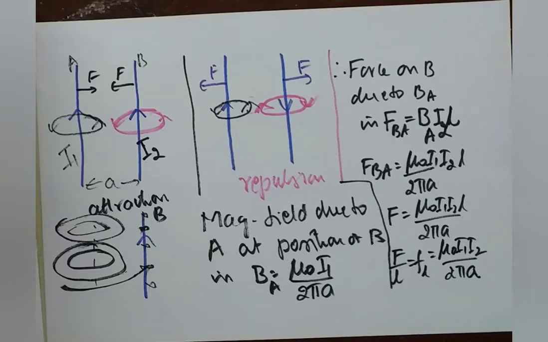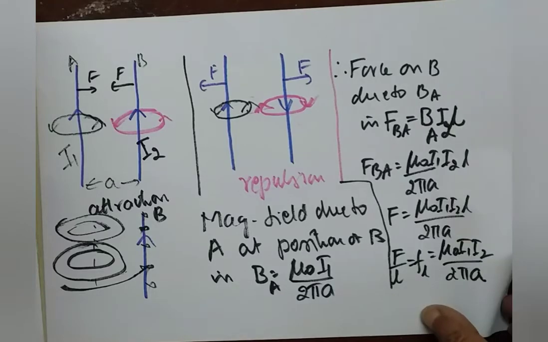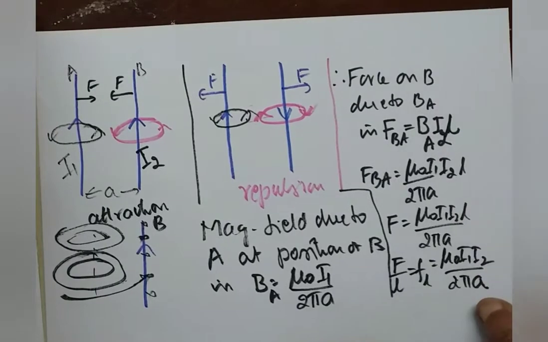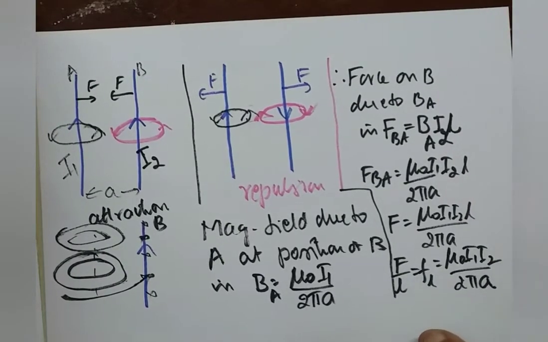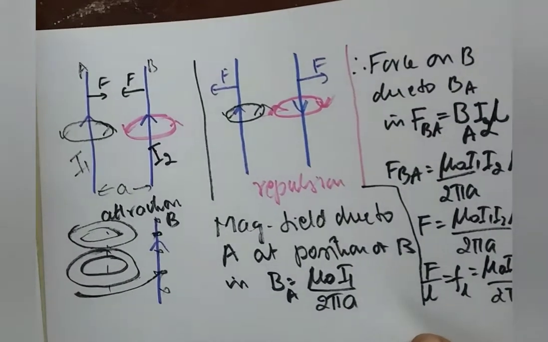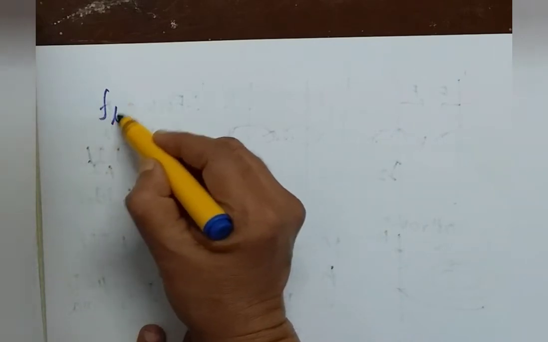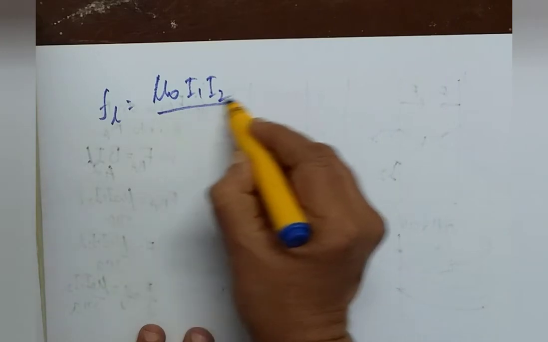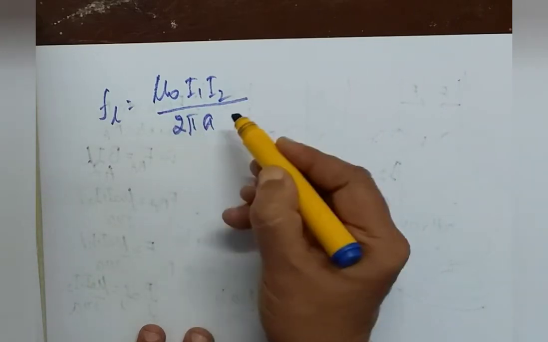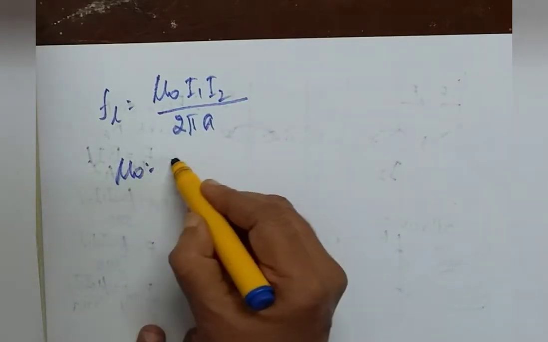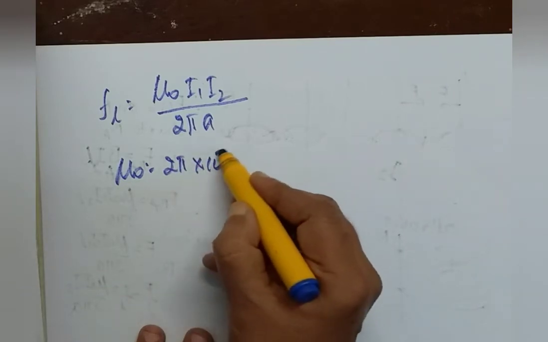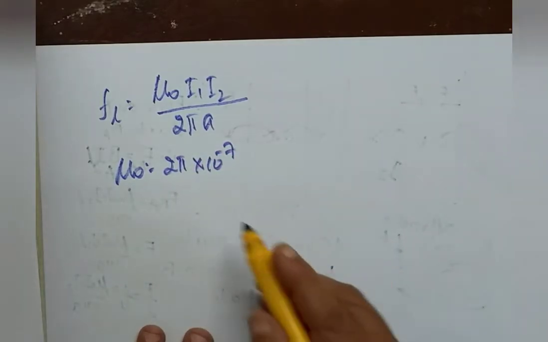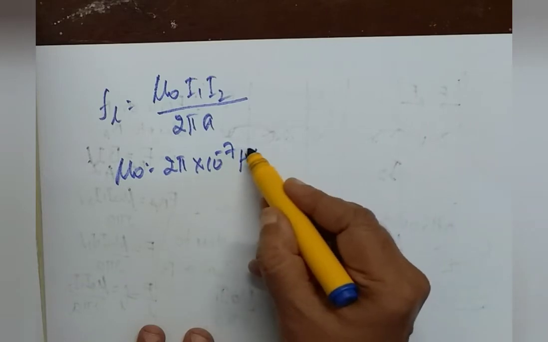Now, using this, we learn to define the international definition for the ampere. Just observe how we go for the definition. We have written F by L as mu naught I1 I2 by 2 pi A. But the value of mu naught is 4 pi into 10 raised to minus 7 Henry per meter.